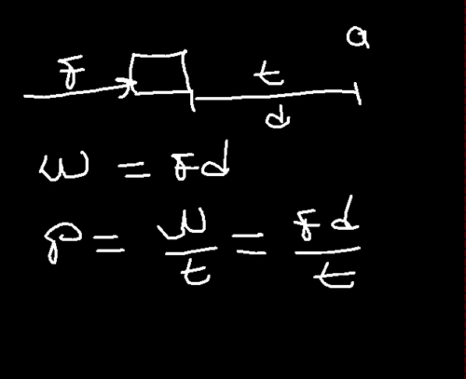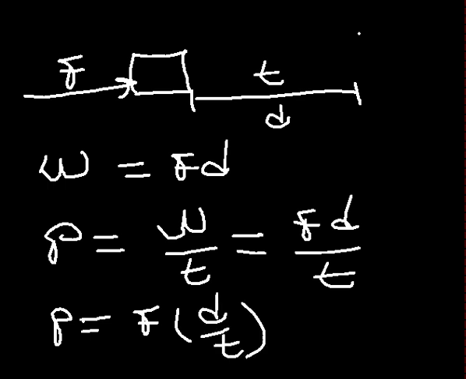The law of algebra keeps on holding. So in this case, the power is equal to force times distance over time, and distance over time corresponds to velocity or speed. Which means we have force times velocity.